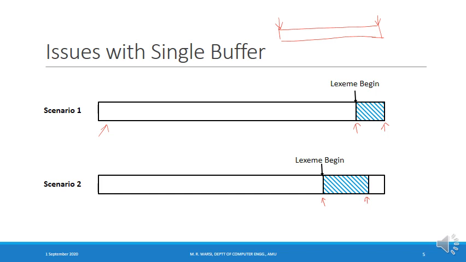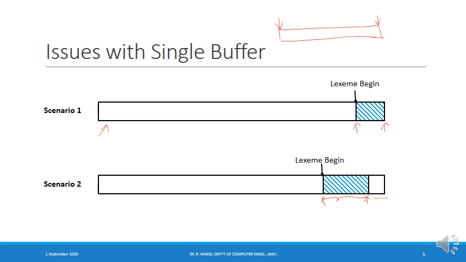So let's assume that to recognize this as the token, I have to scan several characters beyond the token. I scan several characters beyond the token and reach the end of the buffer, then I bring in another segment from the source program, and once again the previous content will be overwritten. This token will be overwritten from the buffer.